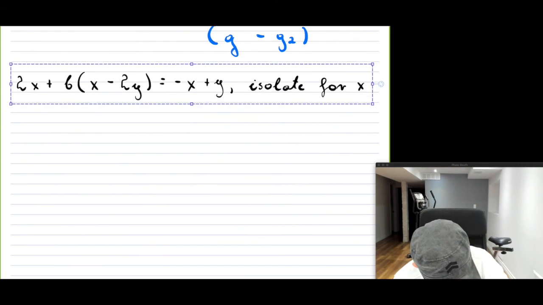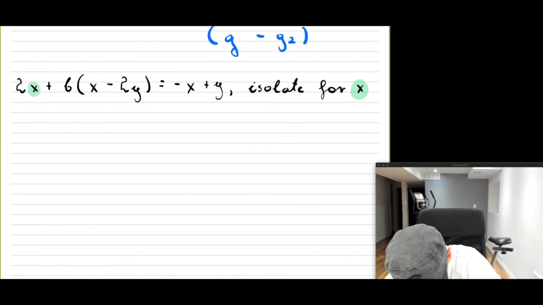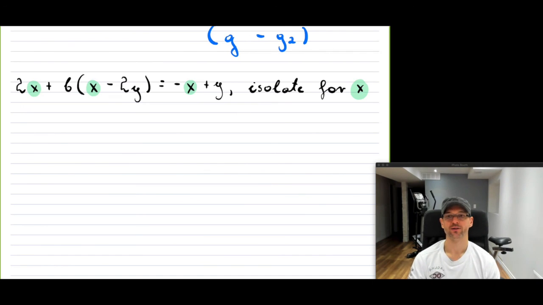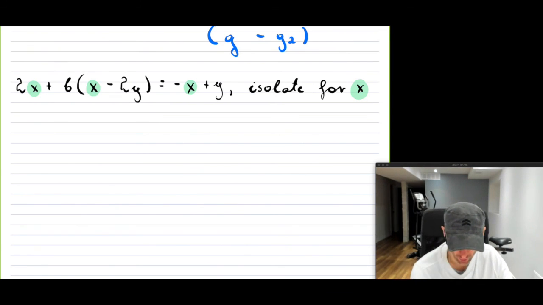So let's paste it back in, and we are isolating for X. Here, notice X, X, and X. So we have it in 3 different places. Okay, let's get started. So first things first. Luckily there's no denominators, but we do have brackets.